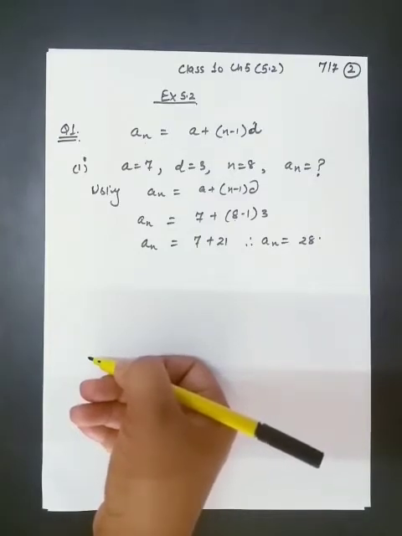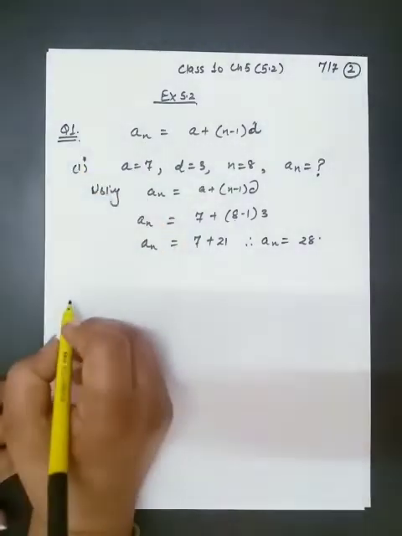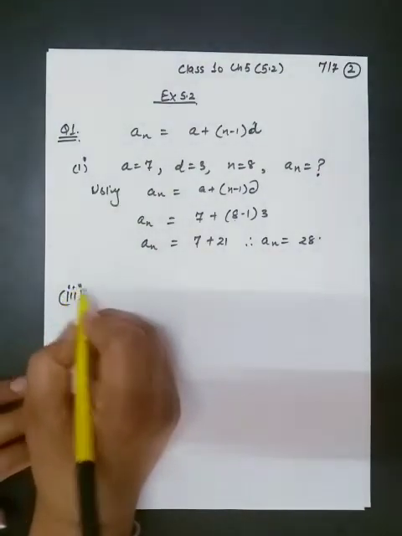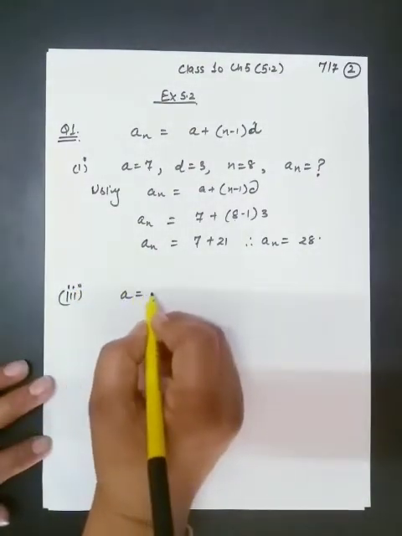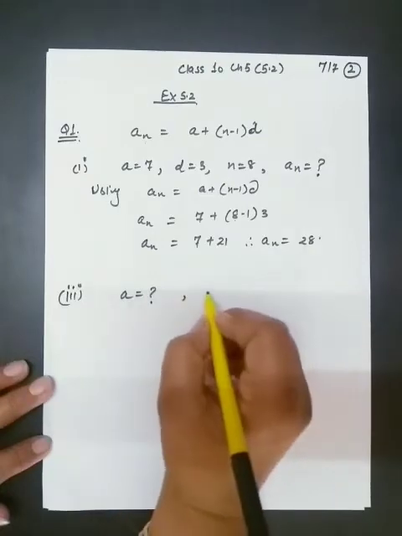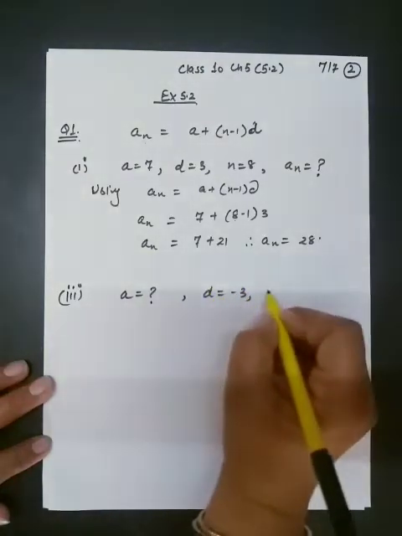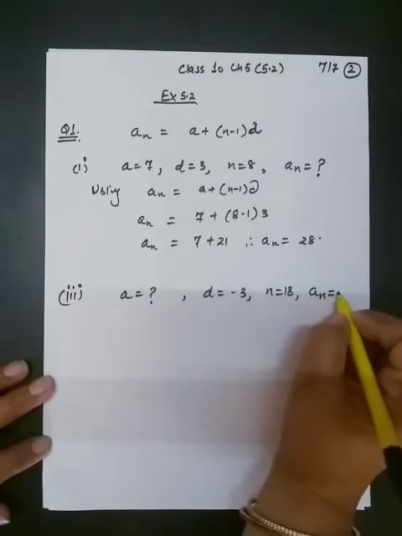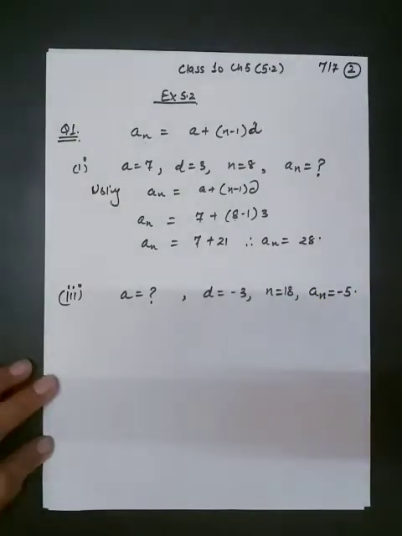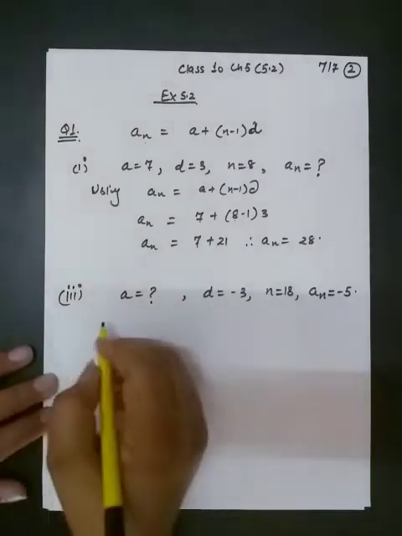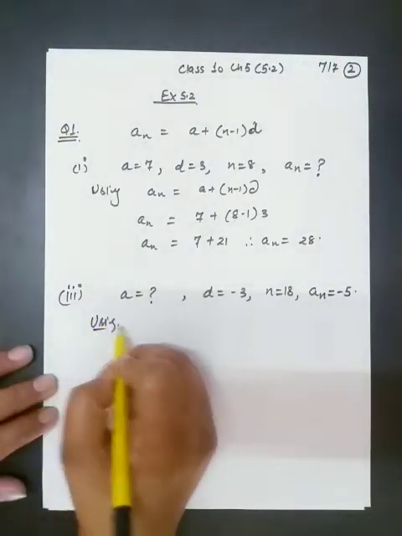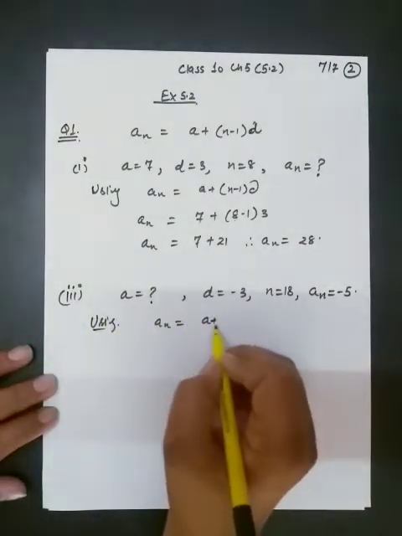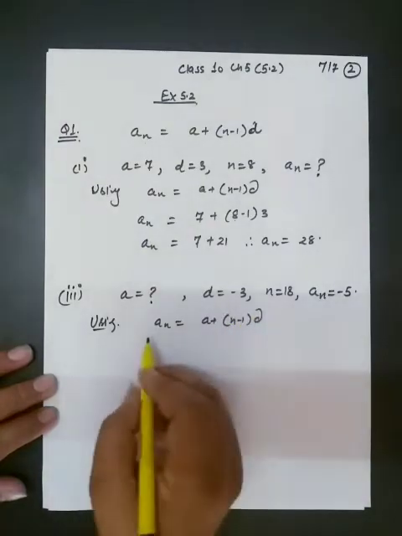Part number 3 is also the same. I am taking part number 3. In part 3, a is not given. You have to find a. And d is minus 3, n is 18 and an is -5. An means nth term is given. Again using an is equal to a plus n minus 1 into d.